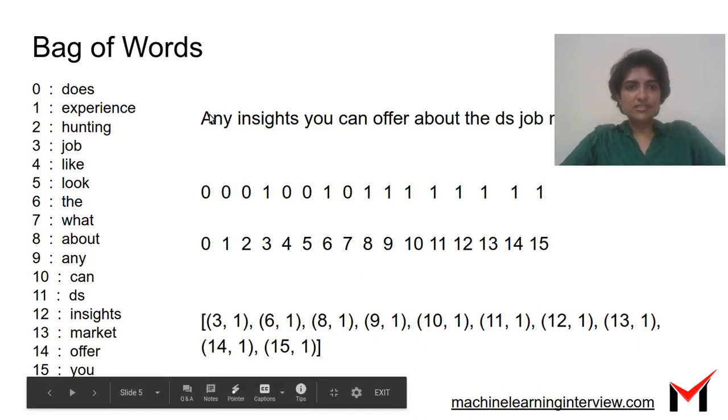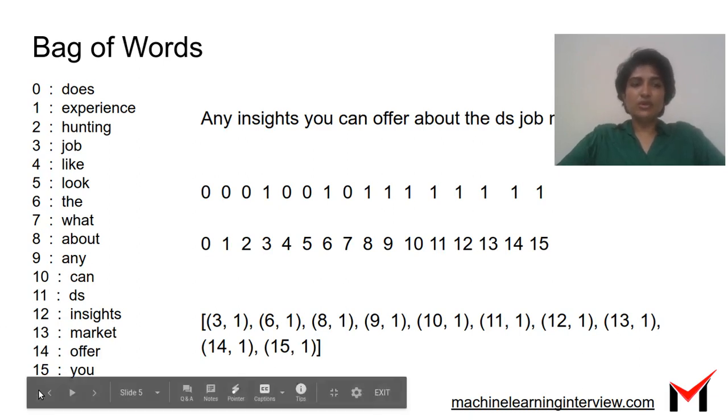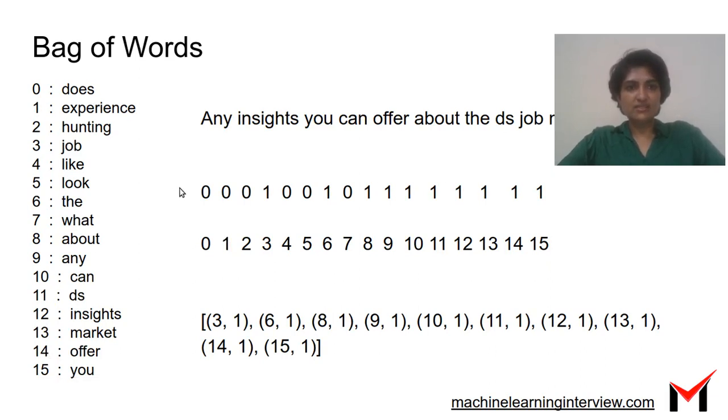If you take a sentence like this, any insights you can offer about the data science job market, I will create a vector whose length is the number of words in the dictionary, which is actually the number of words present in any document in the entire data set. That's the length of my vector. And here, because it's a toy example, I've taken only the first 15 to show you. The second component is experience, and it is a 0 here because experience is not present in the sentence.